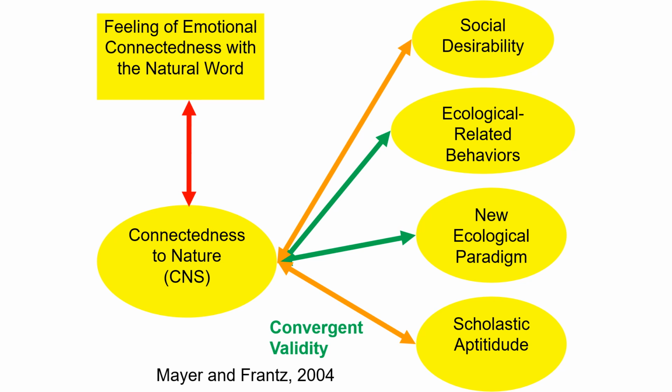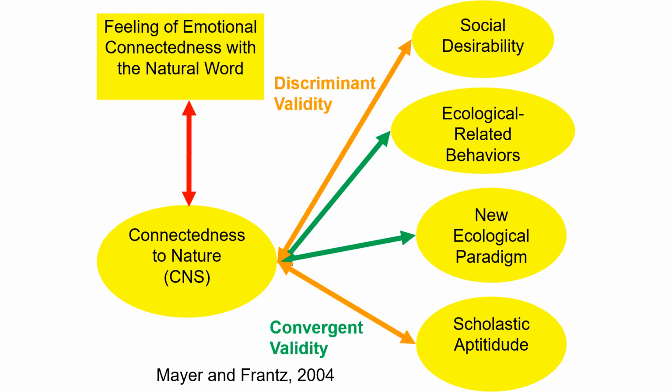So let's take social desirability. Social desirability is almost a personality trait in which somebody is the kind of person who always wants to be seen or viewed by others as doing the cool or right thing. And it really doesn't matter what it is. They're always interested in just being on the right side.